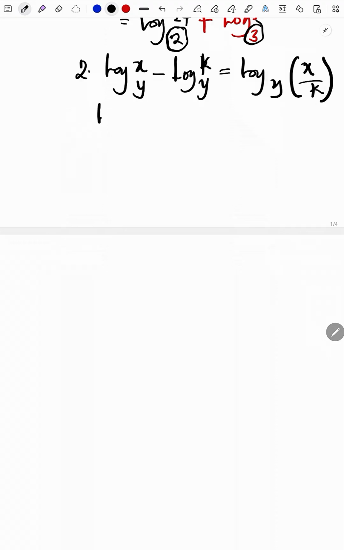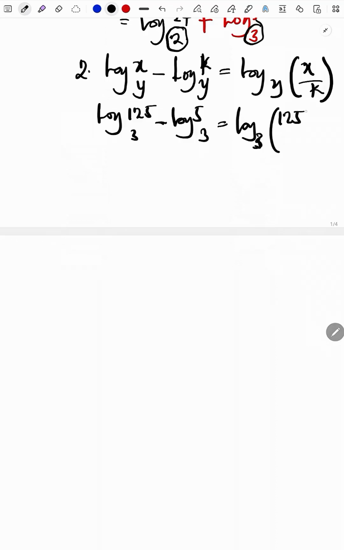For instance, we have log 125 base 3 minus log 5 base 3. This is equal to log base 3 of what? 125 divided by 5. This becomes log 25 base 3.